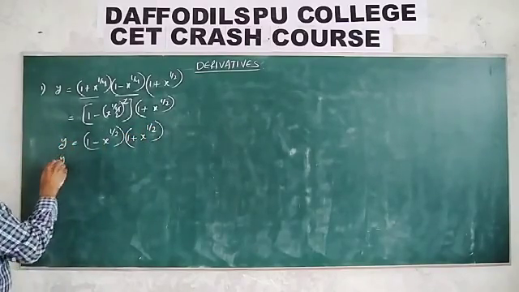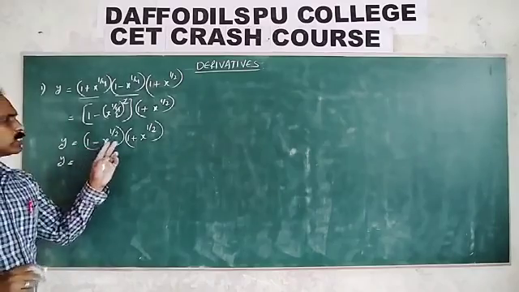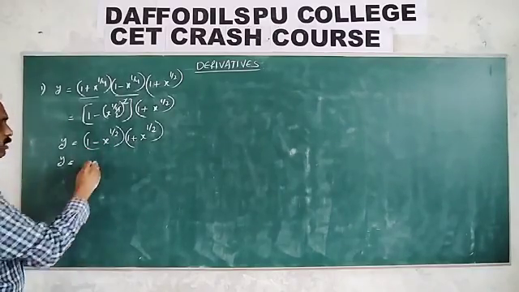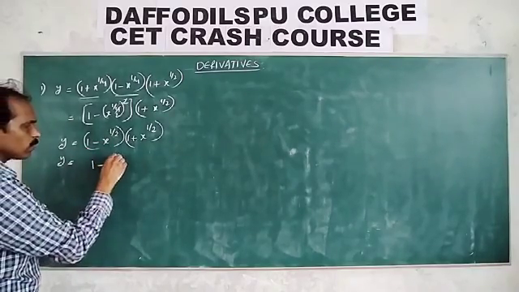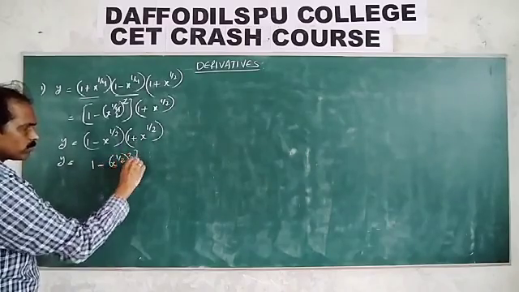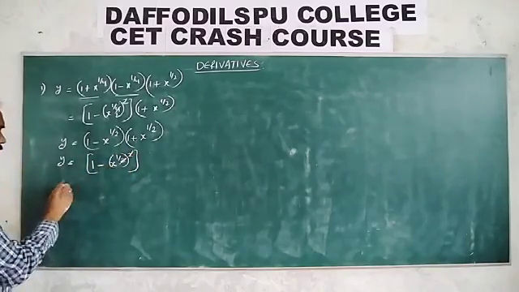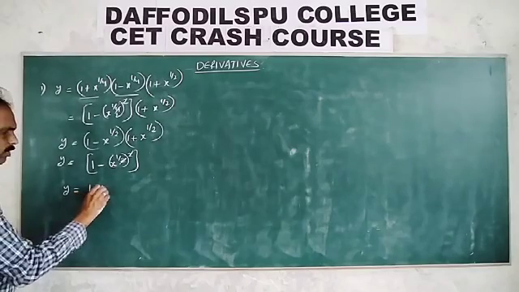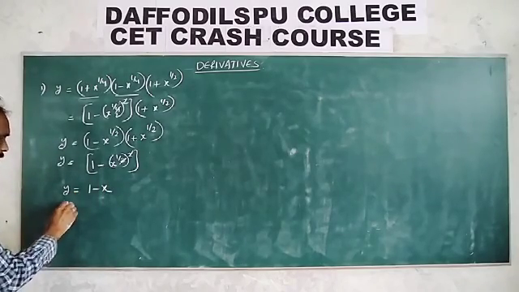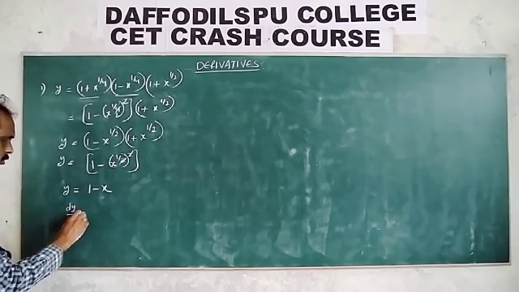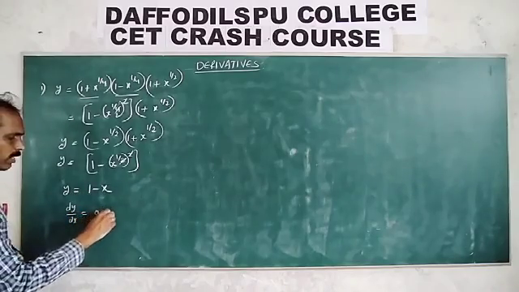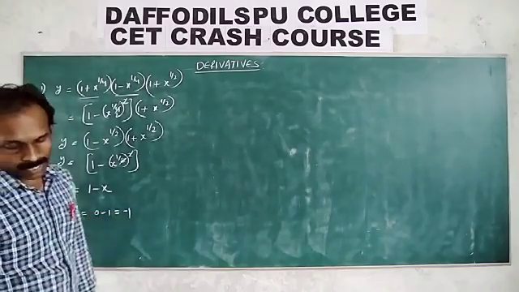Again this is a minus b into a plus b, a square minus b square: 1 square minus x to the power of 1 by 2 whole square. The square and root cancel, so finally we get y equal to 1 minus x. dy by dx is equal to derivative of 1 which is 0, minus 1. So the answer is minus 1.